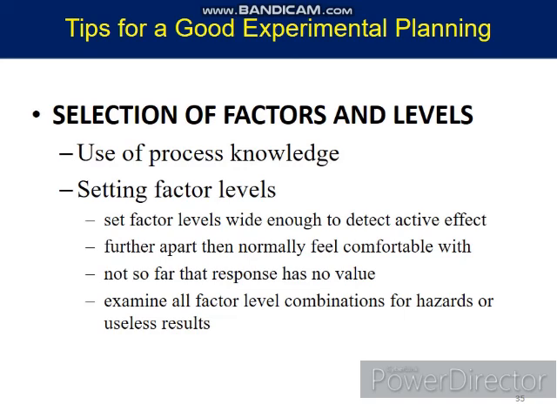Another tip, I think this is the last tip. When selecting the factors and levels, again, this is very important, use your process knowledge, meaning that you need to have a good knowledge about the process itself. And when you set the factor levels, you need to set them wide enough to detect an active effect.